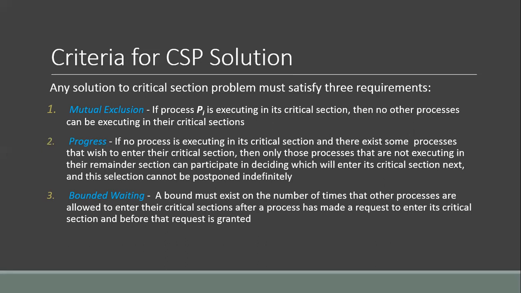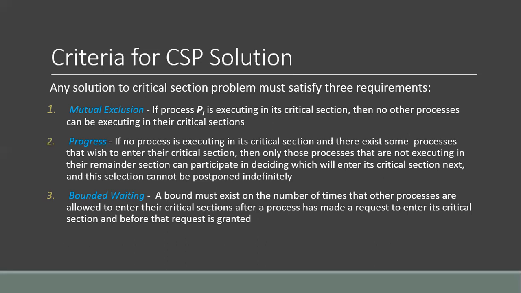To avoid this starvation, we should have some time limit on after how many attempts process P1 should be allowed. For example, we may say that after process P1 has requested to enter its critical section, process P2 can execute its critical section for only 2 times.